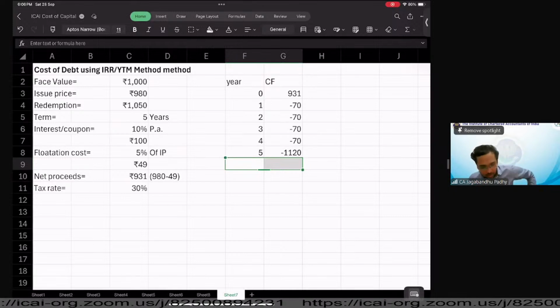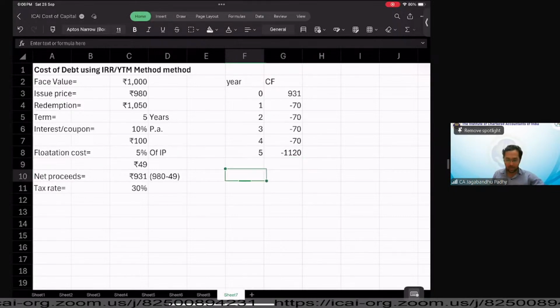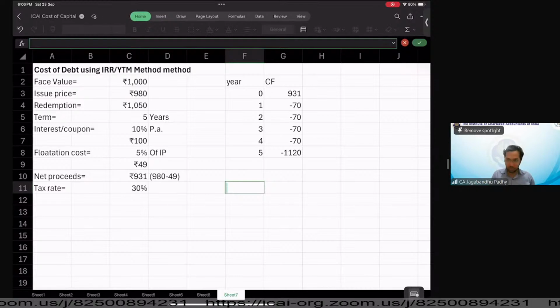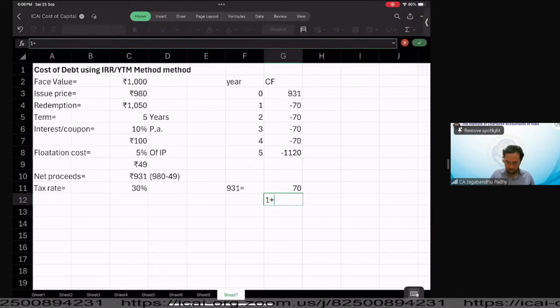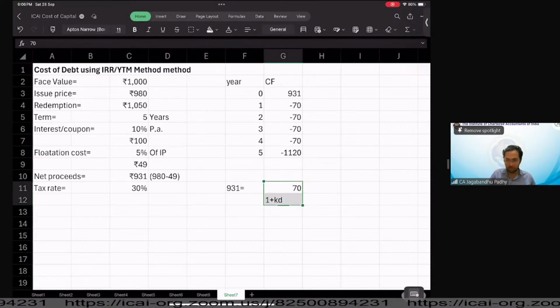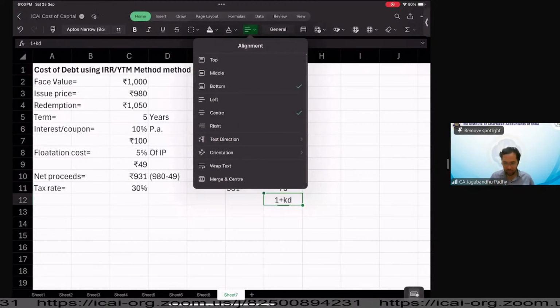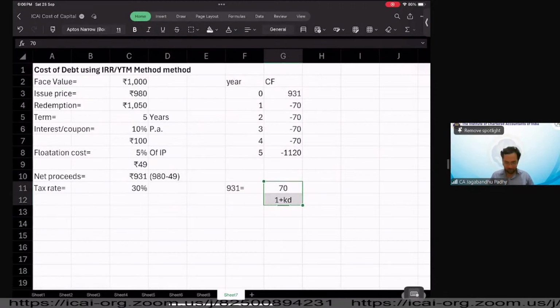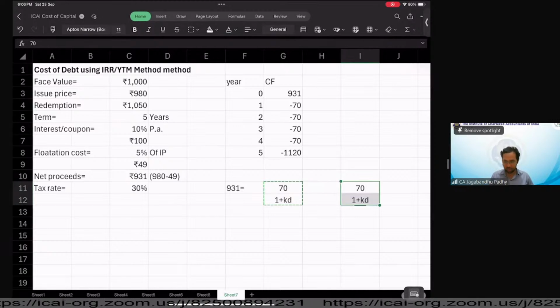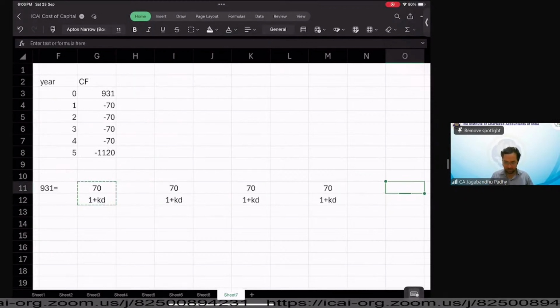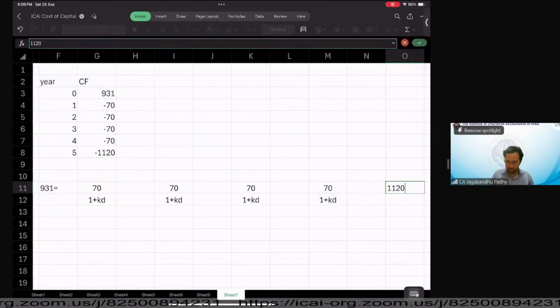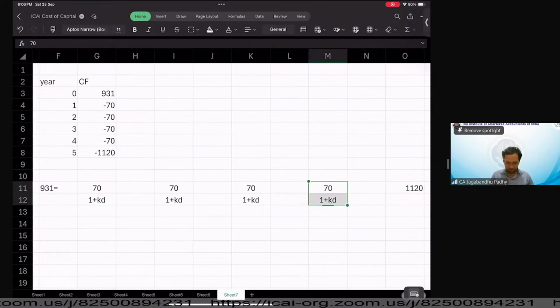Yes, guys. Okay. Now, when we were looking at the IRR method, we formed that equation. The equation was basically 931 will be equal to 70 upon 1 plus the cost of debt, plus 70 upon 1 plus cost of debt, plus 70 upon 1 plus cost of debt, and then finally, the last one was 1120 divided by 1 plus cost of debt.